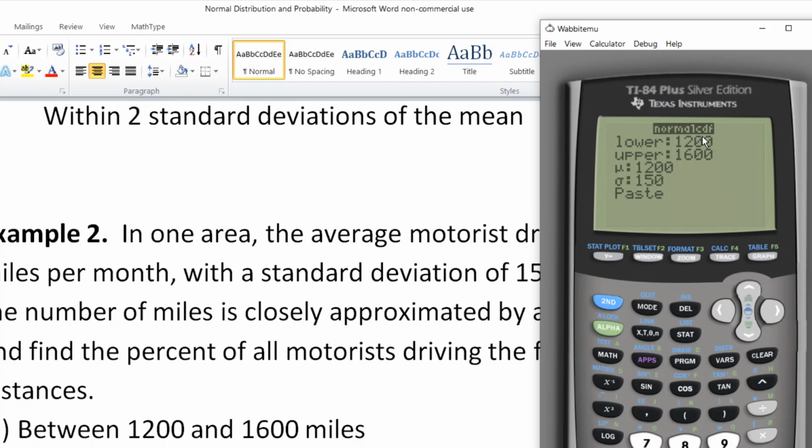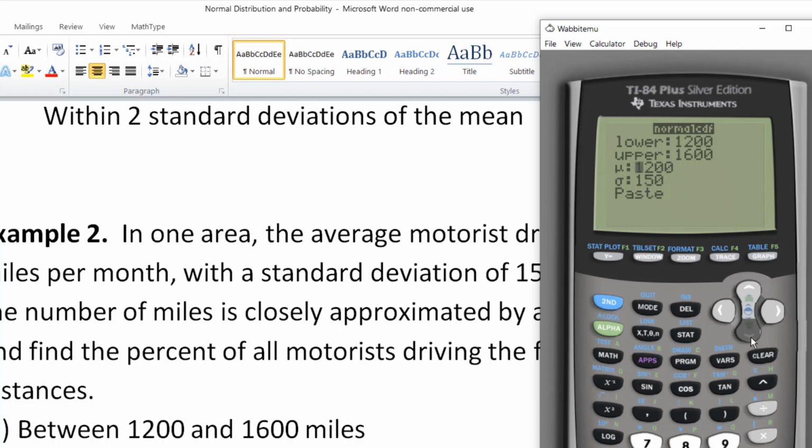That's if you're entering the lower and the upper bounds as z-values, but here I'm not using the actual z-values. To get the z-values, you have to subtract the mean and then divide by the standard deviation, and then mu would be 0, and the standard deviation will always be 1 for that type of setup.